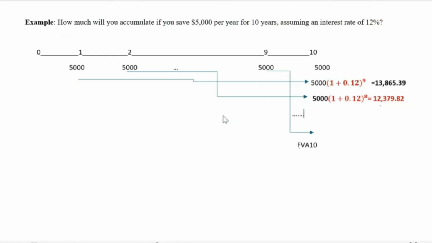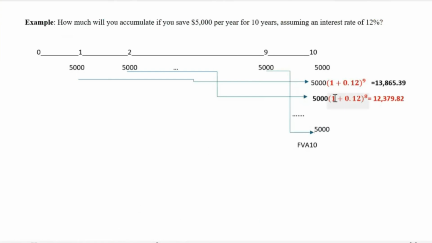I use the same method for the ninth one. From the end of the ninth year to the end of the 10th year is a distance of only 1 year.